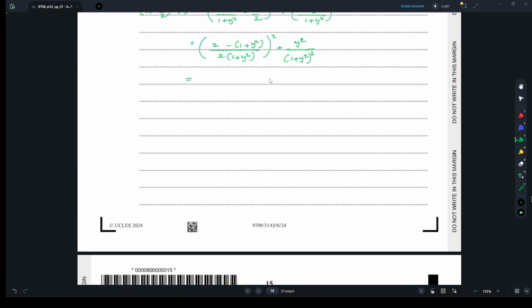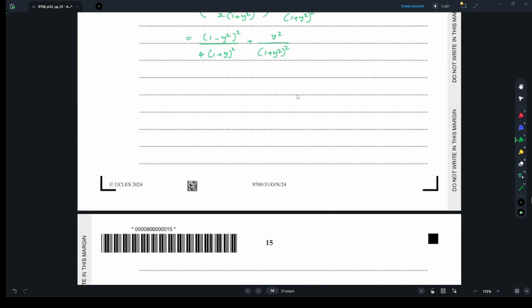And here I can simplify a little bit more. So here we will have 1 minus y squared, and here 4, so 1 plus y squared, plus y squared, and 1 plus y squared from 1 plus 1.